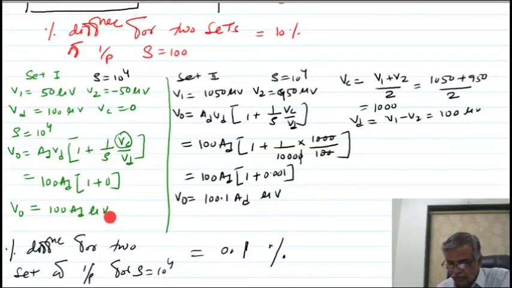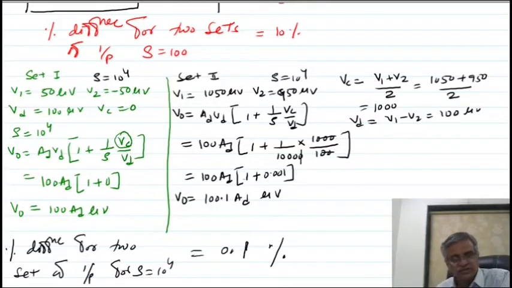Actually, this should be your output. For any input, this should be your output. But using that, for this set of the input voltage, the difference is how much? 0.1%.